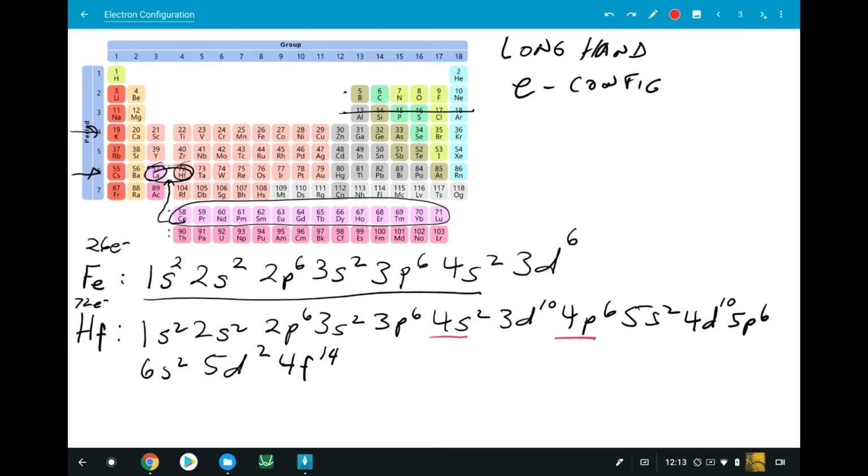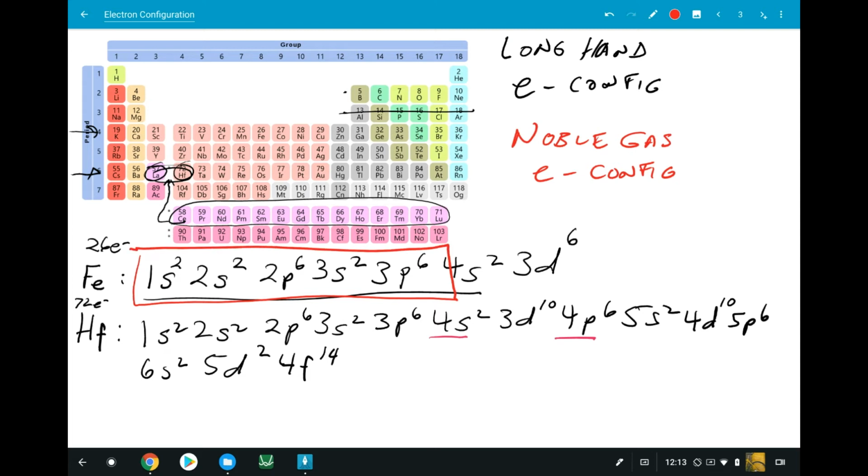Okay, so the noble gas method, noble gas electron configuration. Okay, in this case, notice that we have a pattern here. Look at iron. Right up to here, the 3p6, that's the electron configuration for argon.